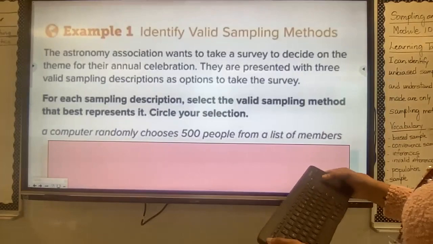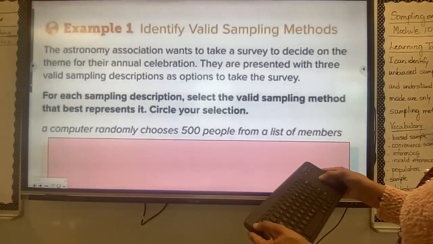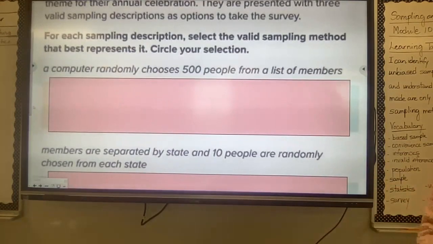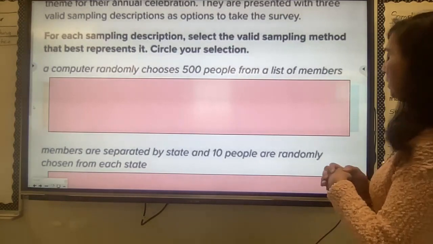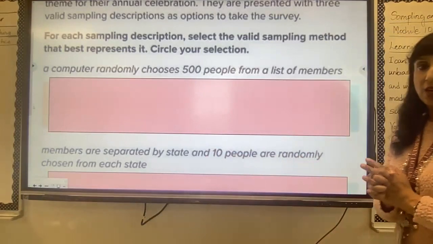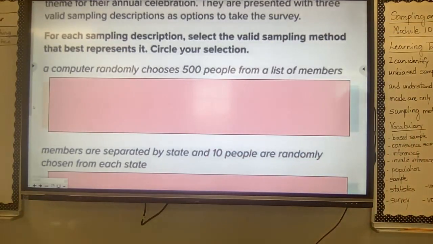Let's look at the next question. It says members are separated by state and 10 people are randomly chosen from each state. Is it stratified, simple, or systematic?